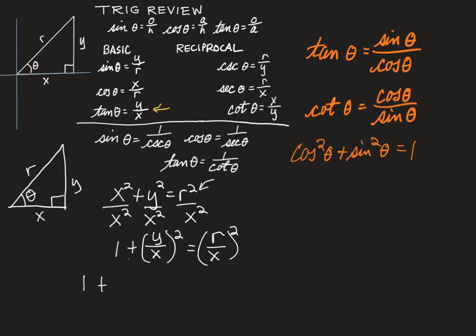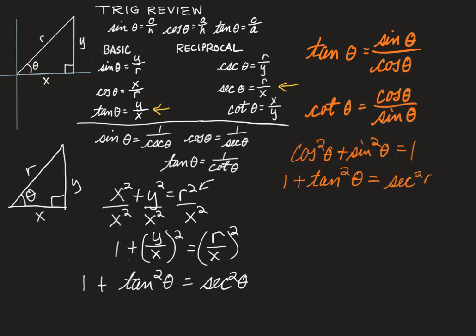We see that in our list up here as tangent of theta, so we would want tangent squared of theta equals, and we find r over x in the next column as the secant of theta. Therefore, down here we need secant squared of theta. And to add this to our list of identities, our new identity is 1 plus the tangent squared of theta equals the secant squared of theta.